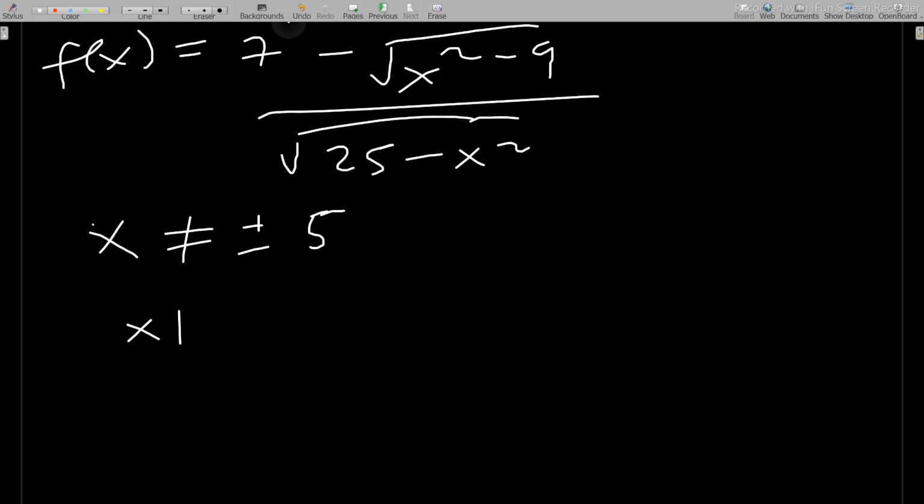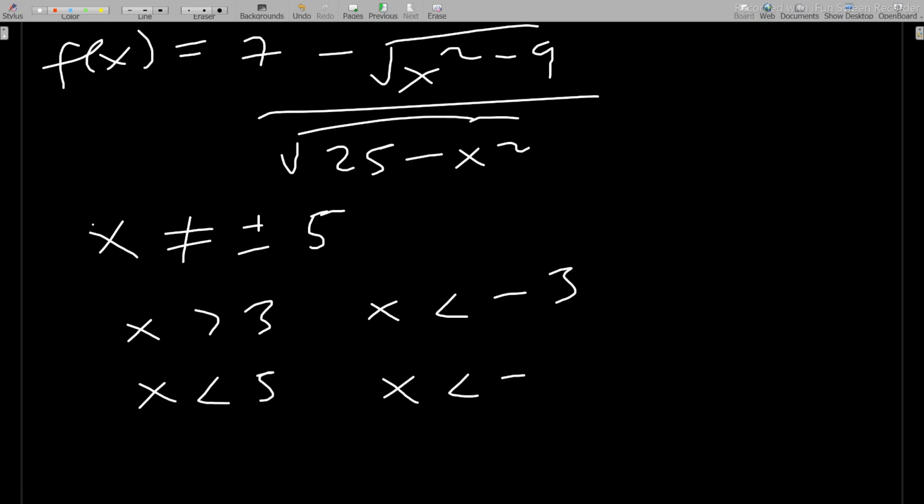And x should be less than negative 3. Now with the other conditions, we had x less than 5 and x greater than negative 5.